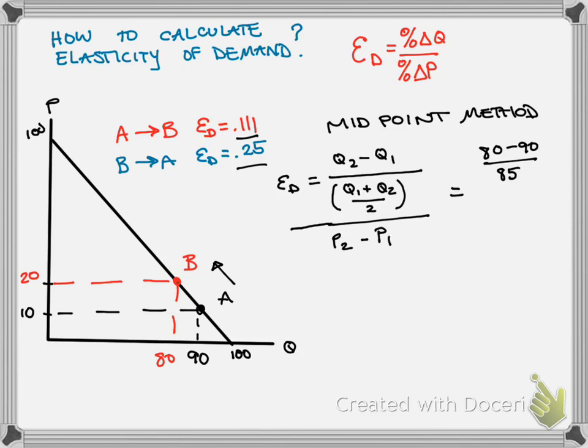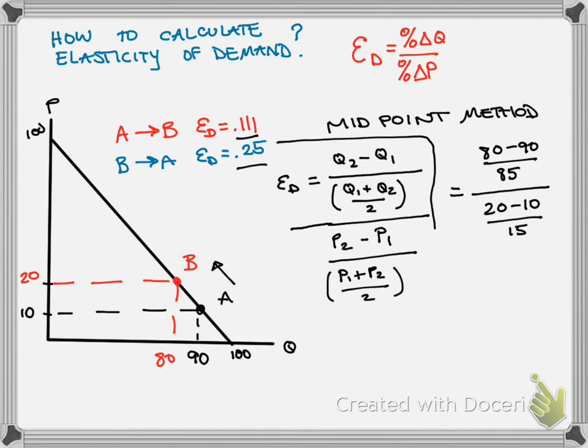So we get P2 minus P1, which in this case is 20 minus 10, divided by the midpoint. Well, the midpoint between those two is 15, but the way we'd mathematically write that is P1 plus P2 divided by 2. And so here is the equation we get, which is ugly looking, but intuitively should make a little sense to calculate the midpoint.